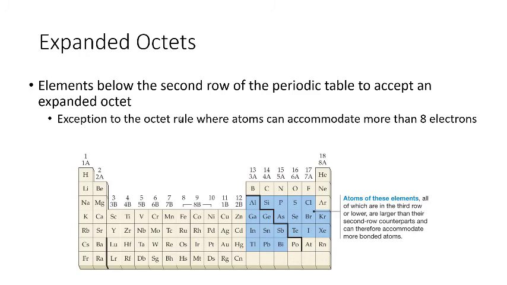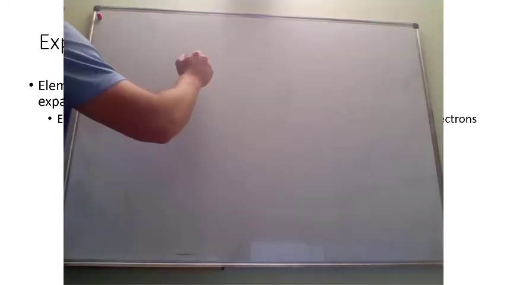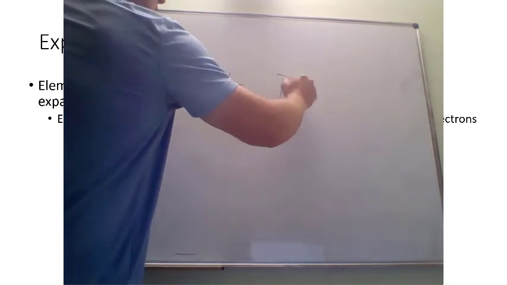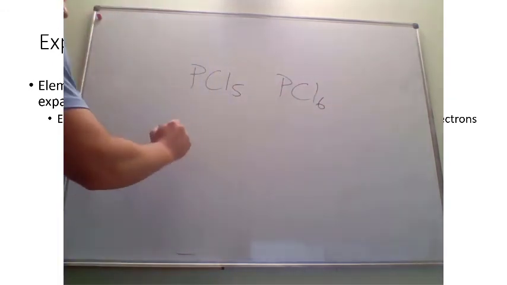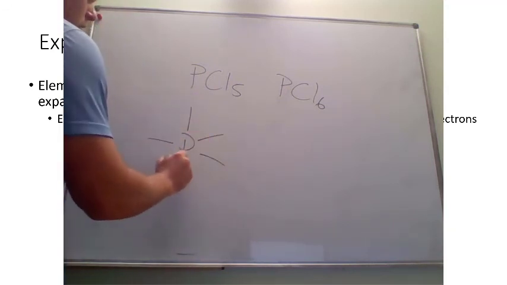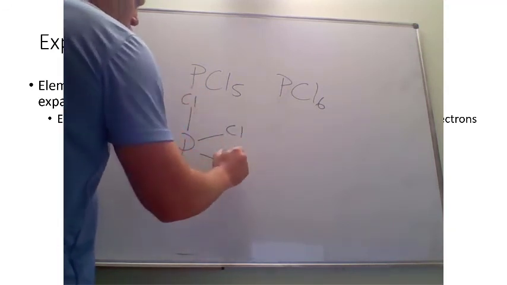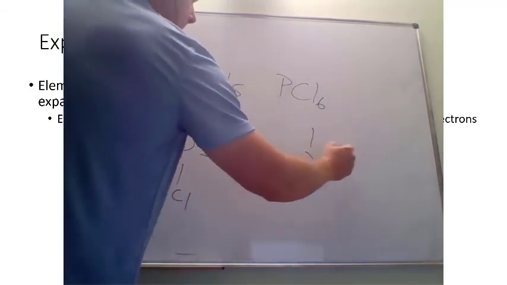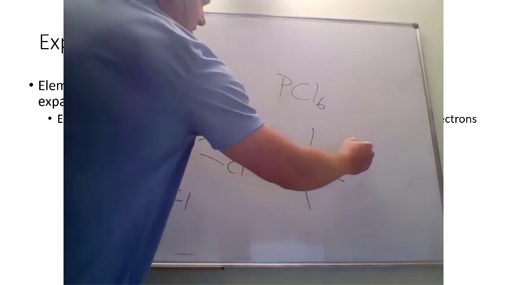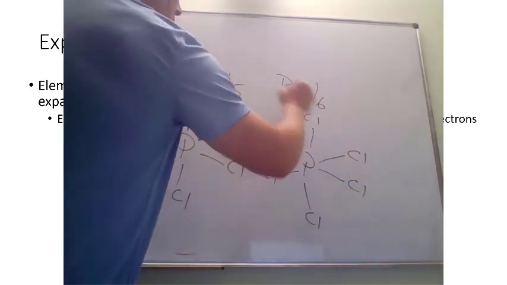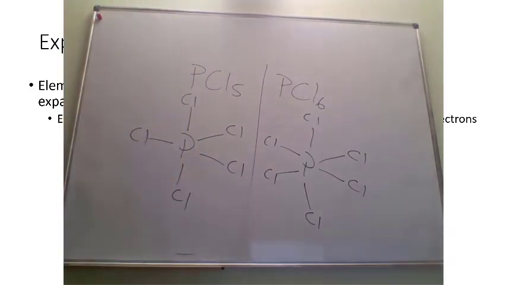So for example, you can see a compound of PCl5 or PCl6. And in that case, once you work through your rules for drawing Lewis structures, you will find that these two orientations for PCl5 and PCl6 are the optimal orientations.